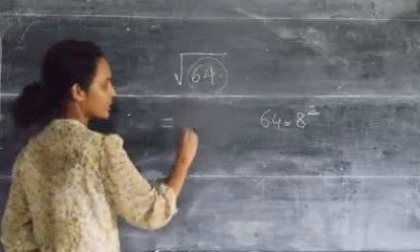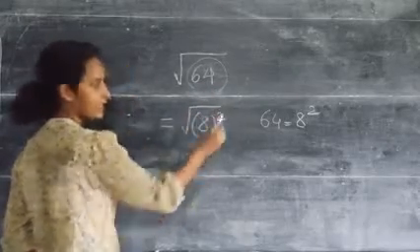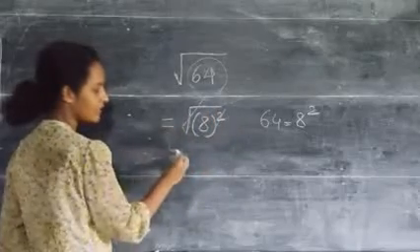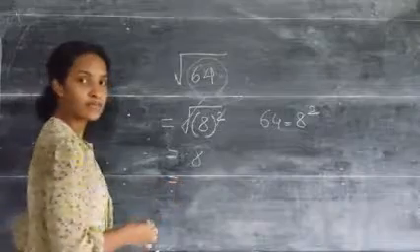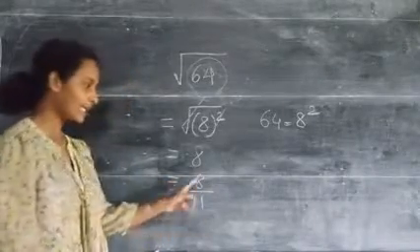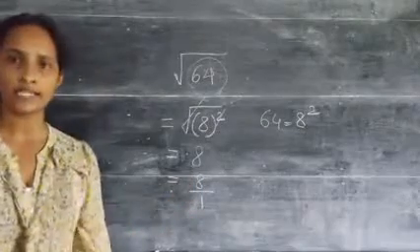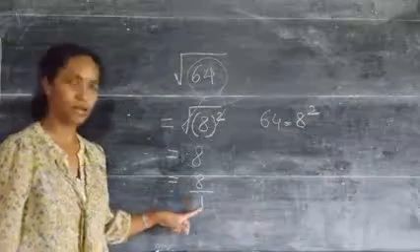Root 64 can be written as root of 8 square, right? Now, the square root cancels itself, and what can I write? 8, right? And 8, how can I express this 8? 8 can be expressed as 8 by 1, or not? Any number divided by 1 is that number itself. So 8 can be written as 8 by 1, right?